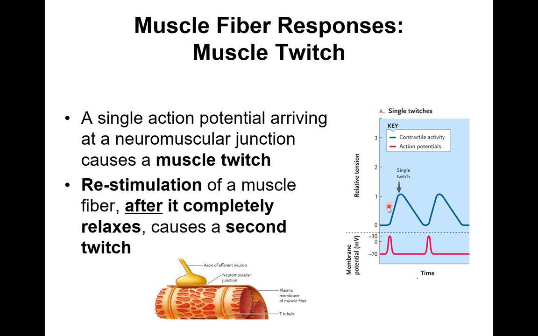The first twitch causes the movement of the thick filaments over the thin filaments. If you wait long enough, it stops, and the distance between the two Z lines goes back to where it was before for each sarcomere, obviously. But if you have increased this frequency, the second twitch may take place before the two Z lines go back to the original position.